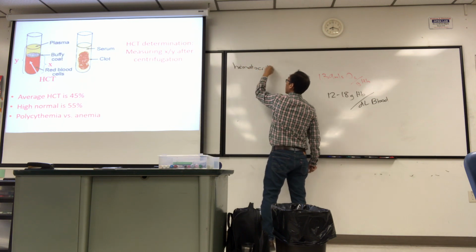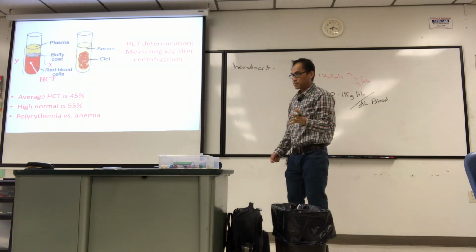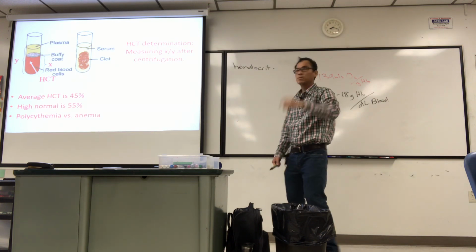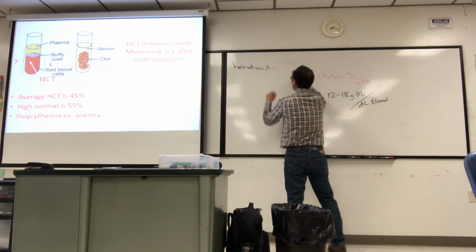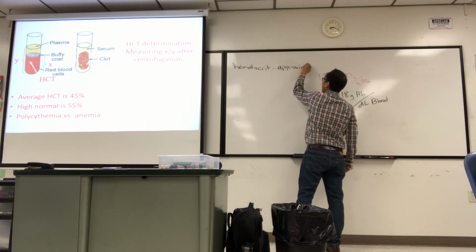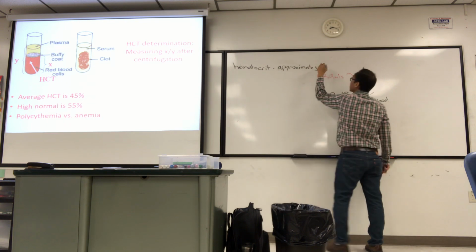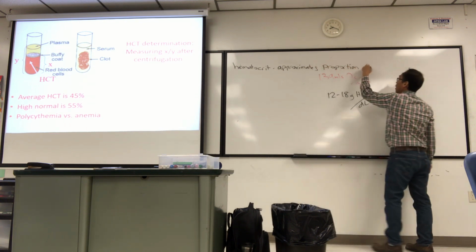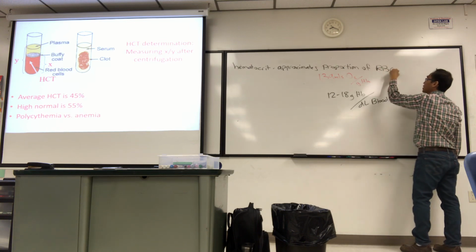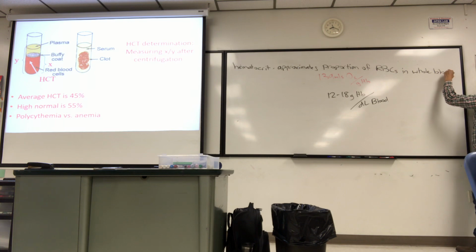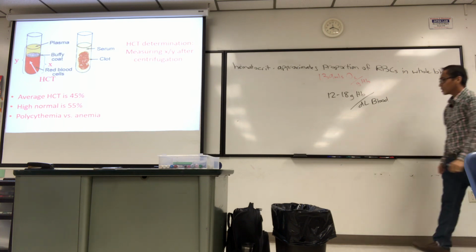Hematocrit approximates the proportion of RBCs in whole blood. Just spin it down and see.